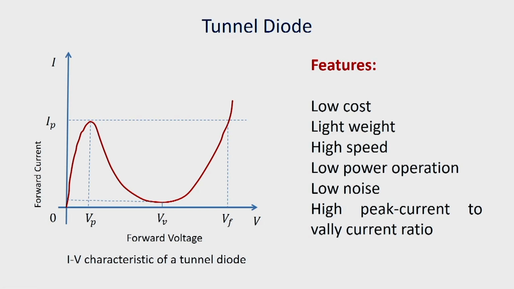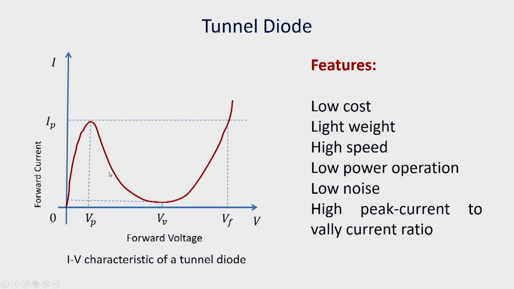And then beyond this voltage, if the applied voltage is increased, then the diode operates or functions as an ordinary diode with the current increasing exponentially with the rise of voltage.